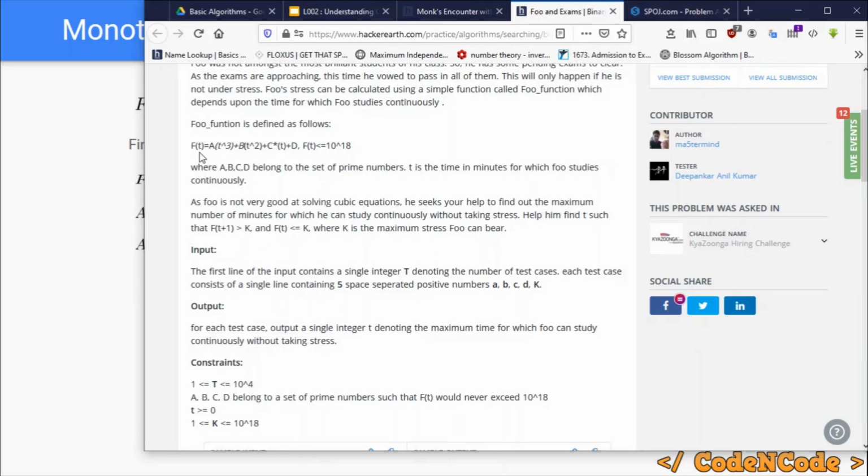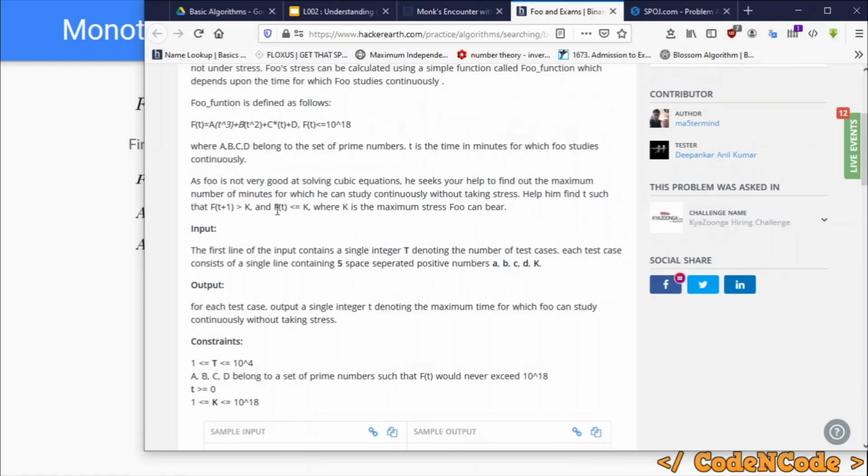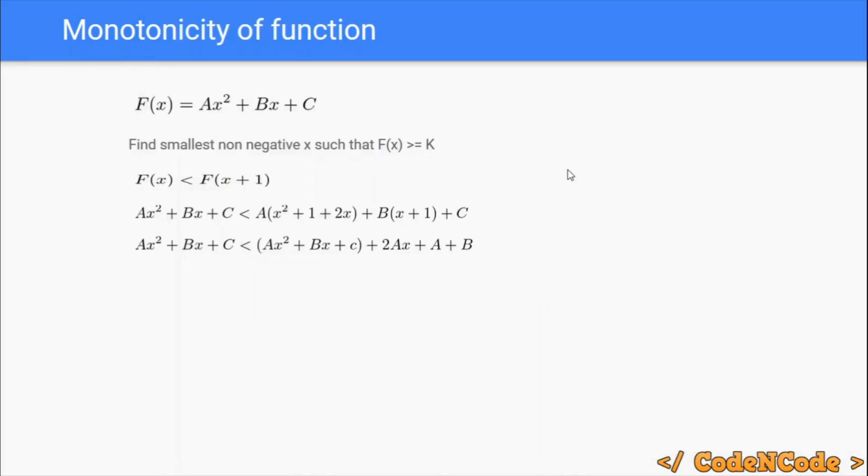And now f of t is equal to at cube plus bt square plus ct plus d. So this is the function. Again, the value we are searching is on the positive side of the t-axis, because we are searching for t, and this function is increasing. You can prove it by yourself.